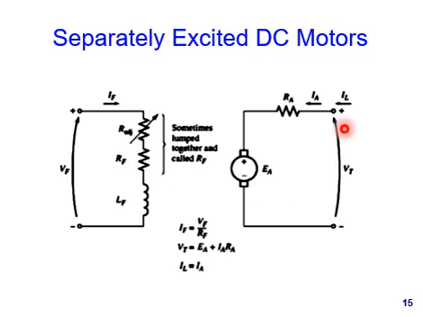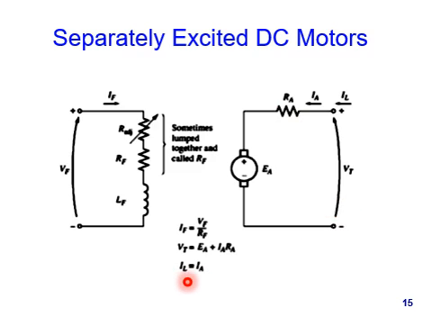Similarly, this terminal voltage Vt would be equal to EA, this voltage, and the voltage across this resistor. The voltage across this resistor would be IA RA. So we can find the value of Vt.